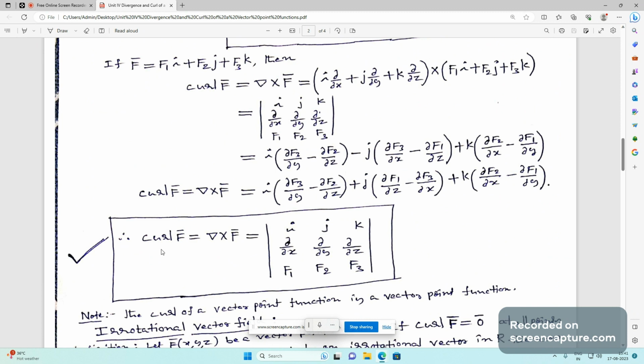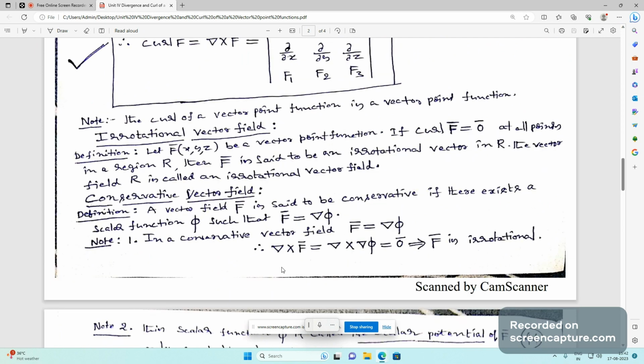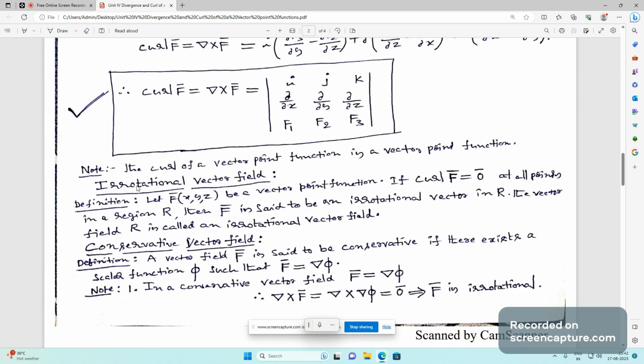Therefore, curl f bar equals del cross f bar is simply the 3 by 3 determinant: first row i, j, k, second row ∂/∂x, ∂/∂y, ∂/∂z, third row f1, f2, f3. Expanding, we will get the result. Here the curl is always a vector quantity: the curl of a vector point function is a vector function.